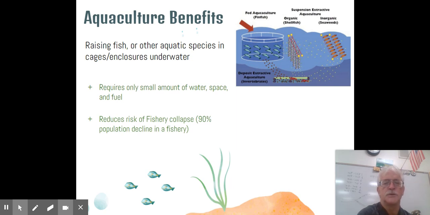It reduces the risk of fishery collapse, which means 90% of the wild fish are gone. However, that's not affected because they're in an enclosure right here. It doesn't take up any land space compared to pork, beef, and chicken, because sometimes, for example, carp are grown in little lagoons as aquaculture.